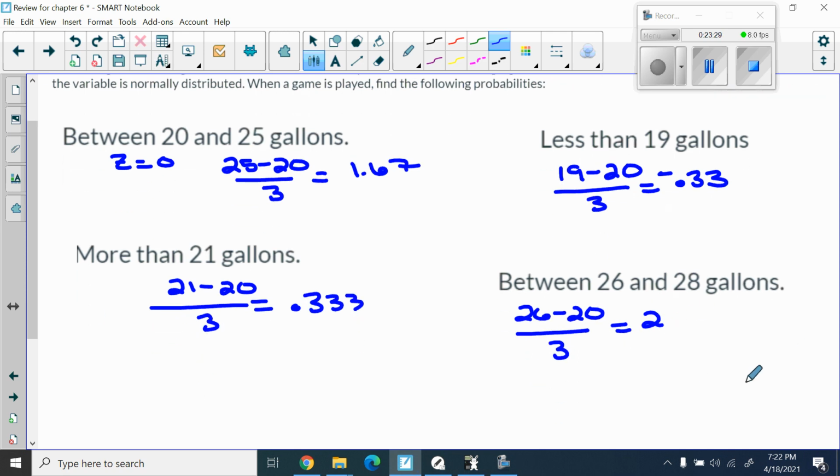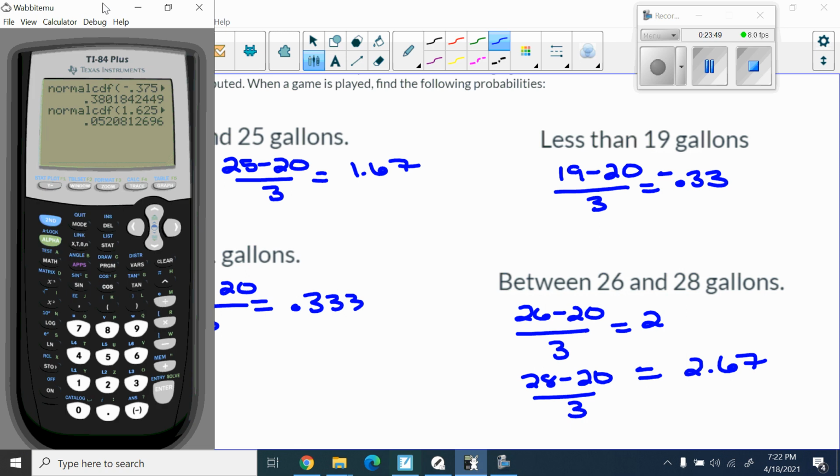And then 28, so 28 minus 20 divided by 3, so that's 8 divided by 3, and that gives me 2.67.